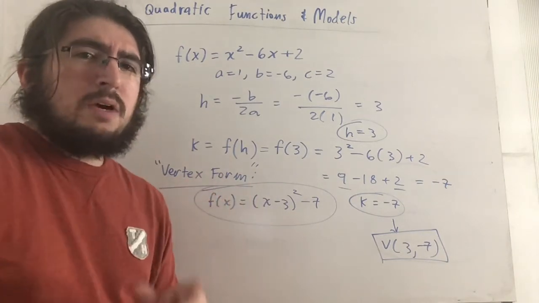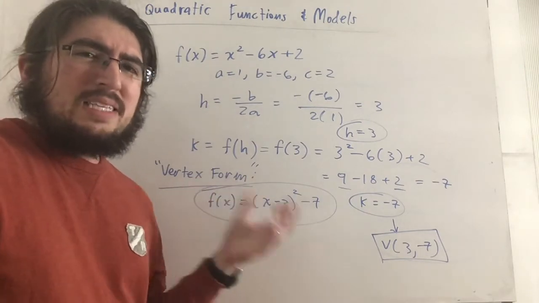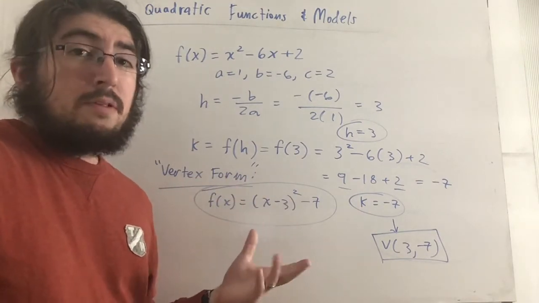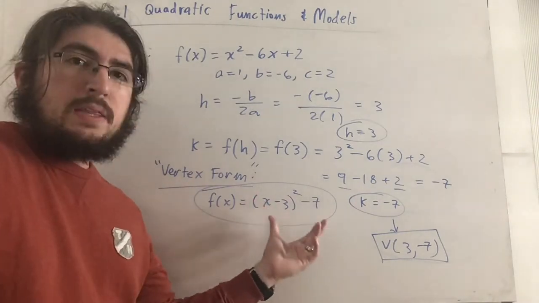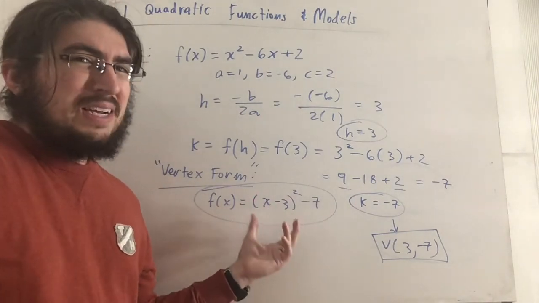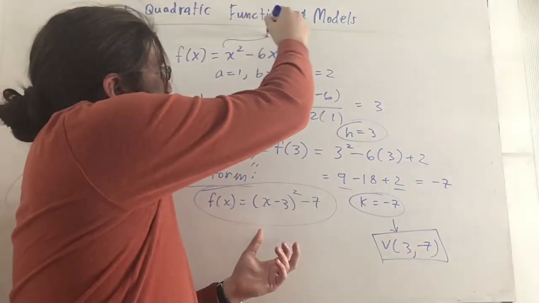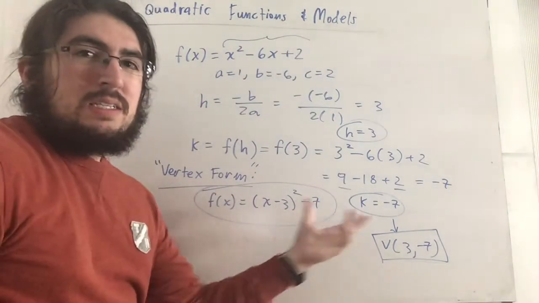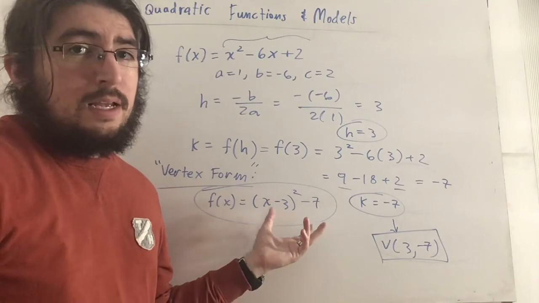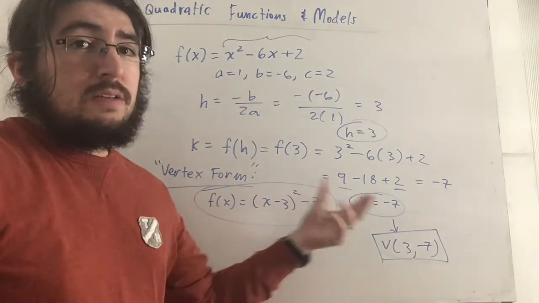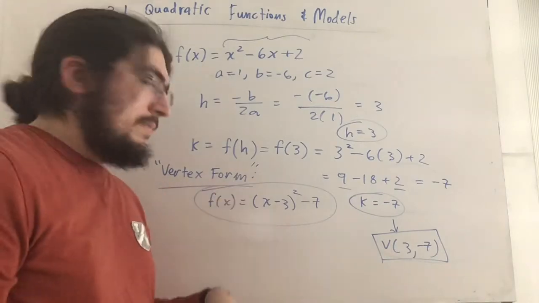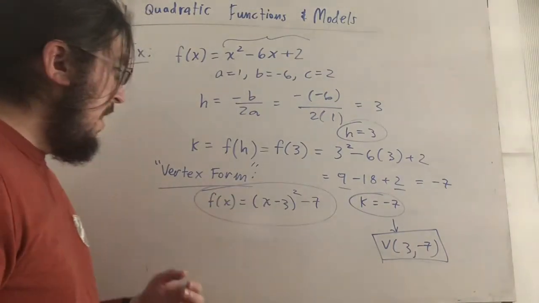In fact, this is the only book I've seen that makes that a distinction in the vocabulary for some reason. I understand their point because this should be the standard we're aiming for. But normally we see this, and as a consequence, this would have to be named something else. And what I name it as is after the vertex because we're using this specifically to find the vertex. But anyways, it's kind of a formality, I guess.